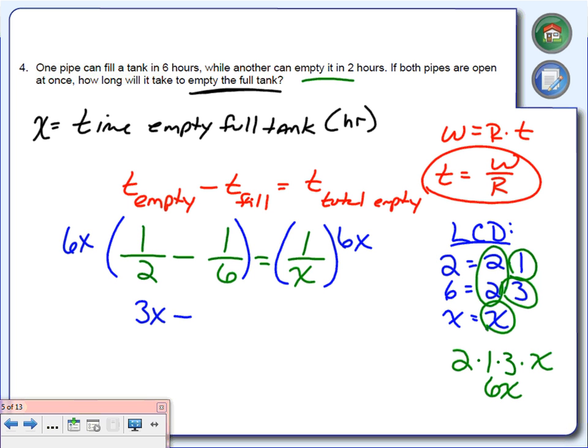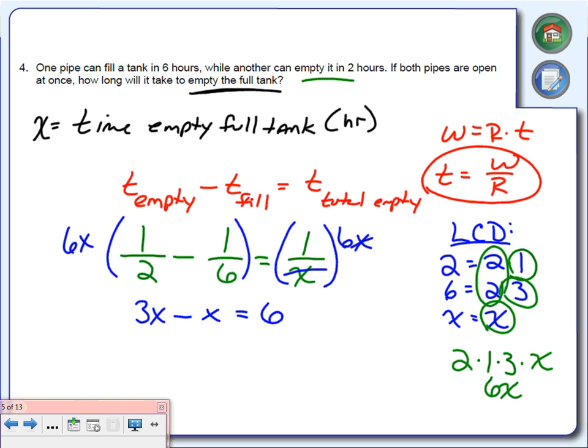Go to the next one here. 1 over 6. Notice how this time the 6's are going to cancel each other out. So I'm going to multiply the x times the 1, and x times the 1 is just x. Over on the other side, notice how we can cancel out those x's. So 1 times 6 is 6.